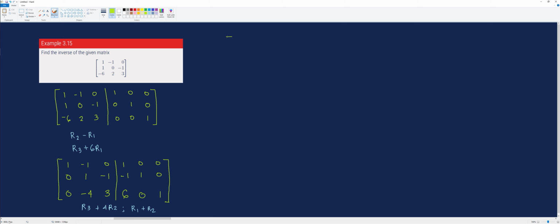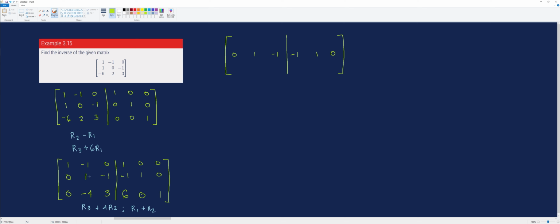So let's continue the process. For the second row we don't do anything, so we will copy. That is 0, 1, negative 1. We have negative 1, 1, and 0.